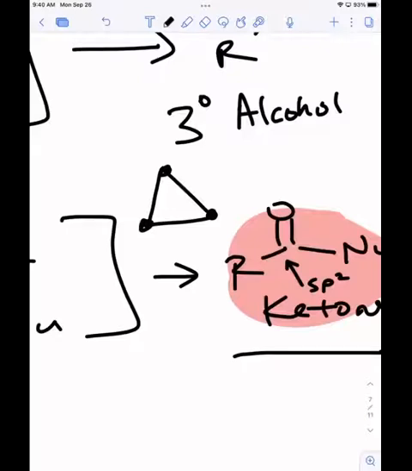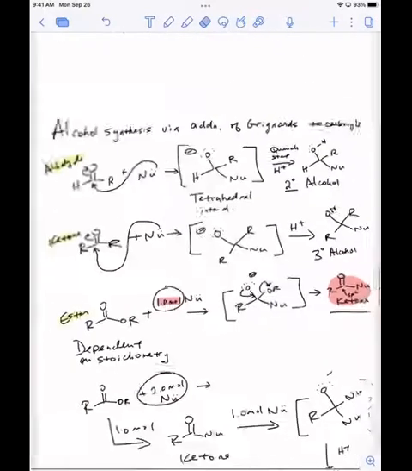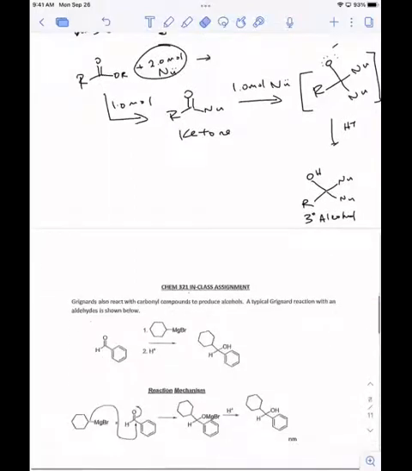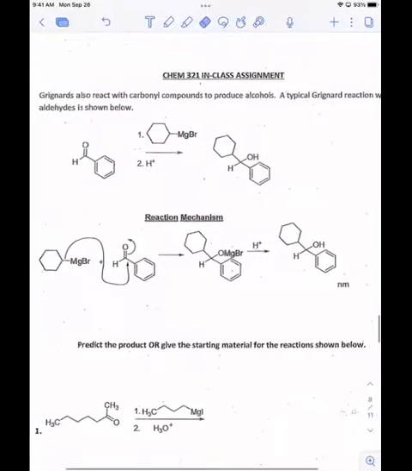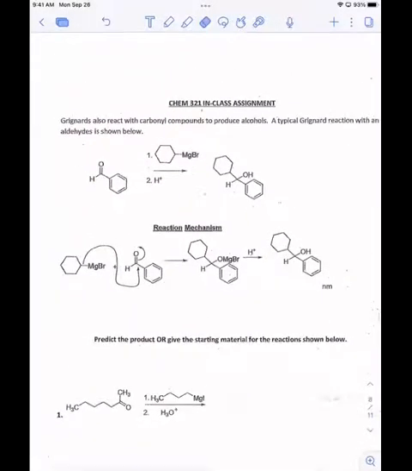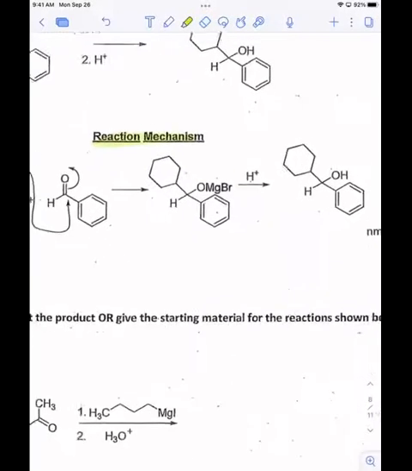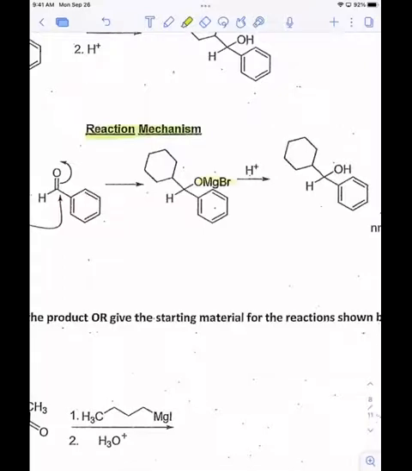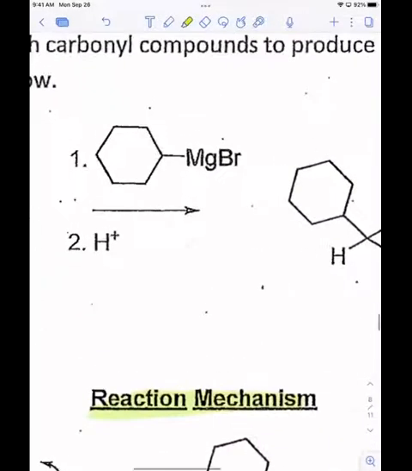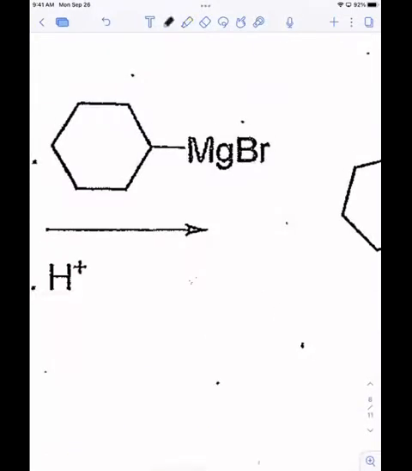All right, other questions? All right, well, let's look at some examples. This top part here is just an overview of the mechanism using the Grignard as your nucleophile. The only thing I want to point out here is in the intermediate. With the Grignard, remember this is polarized.